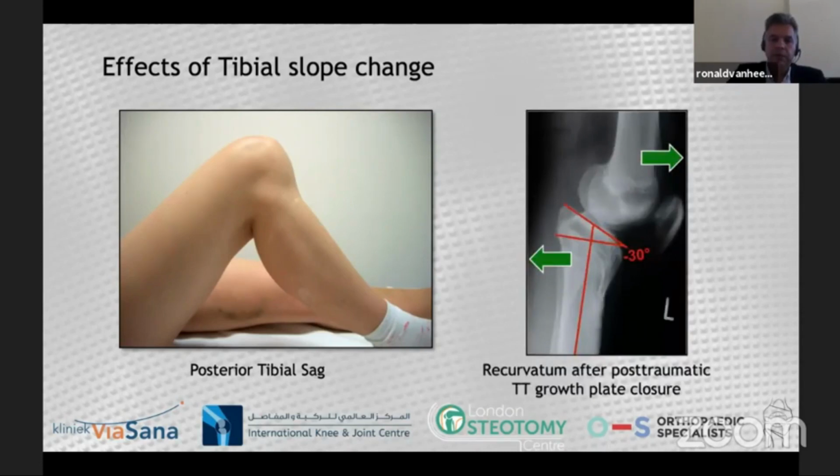This is a posterior tibial sag because of a recurvatum after a post-traumatic early closure of a tibial tuberosity growth plate. If that growth plate of the tibial tuberosity closes prematurely, you will have a normal growth in the back of the knee, and you will have a severely negative slope, and resulting from that is a posterior tibial sag.